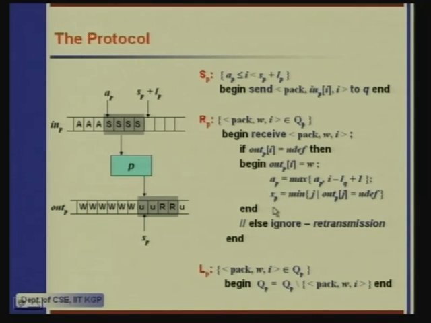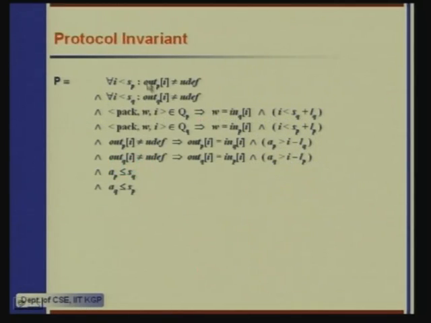So, by virtue of this recomputation, we are again guaranteeing that for all i less than SP, outP[i] is not undefined, because we have redefined SP to be the minimum j such that outP[j] is undefined. So, for all i which is less than this SP, outP[i] is not undefined, right. So, that means that this still holds.